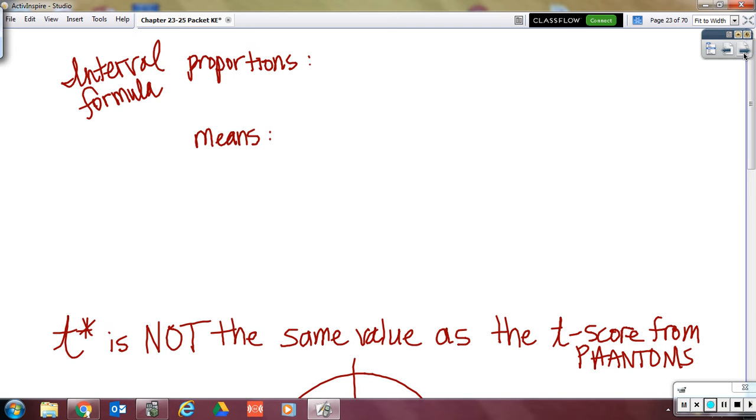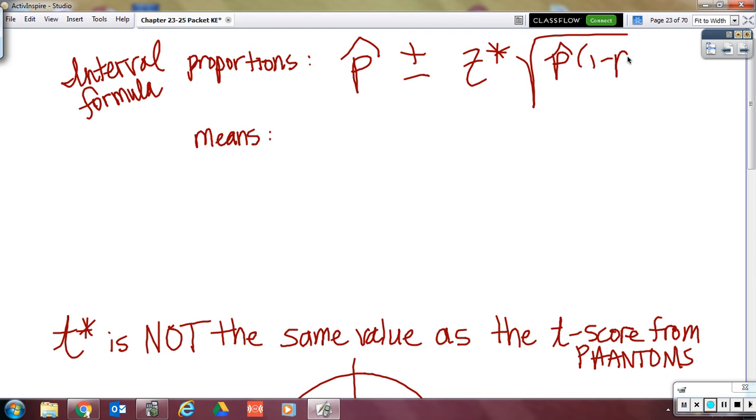So let's think about our interval formula. These are on the formula chart in generic word form, but you might know these. When we did a proportion interval, it was p hat, our sample proportion, plus or minus, what's next? Z star times the square root of p hat times 1 minus p hat over n. This is a proportion standard deviation.